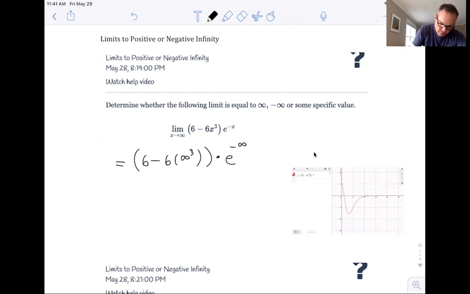So, let's take this in 2 parts here. The polynomial part, you get 6 minus 6 times infinity cubed. So, this part is infinite, and 6 minus infinity means you're going to go towards minus infinity. So that's what happens with the pink part.